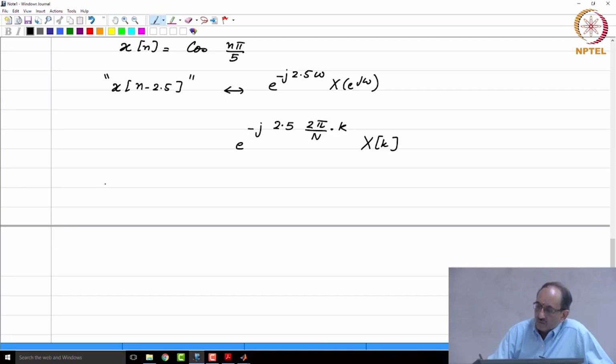Therefore, we went from 1 to 11 because N was 20 in this case. Therefore, you went from 0 to 10. In MATLAB index you have to go from 1 to 11. Therefore, we restricted this equation to the top half of the unit circle.